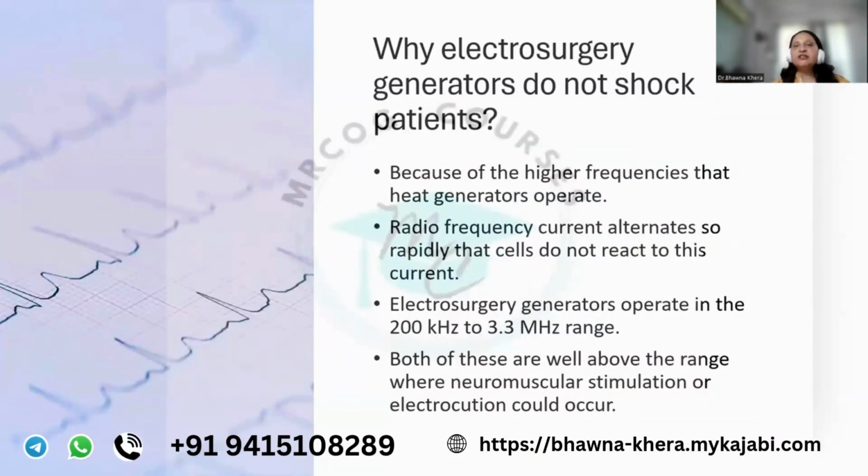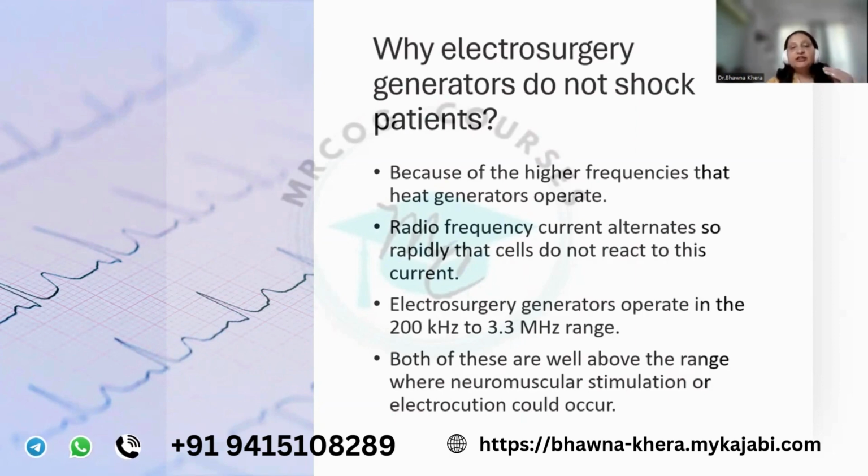Why do electrosurgery generators not shock patients? When electricity passes through our body, we get a shock. So why does electrosurgery not cause a shock to the patients? Because of the higher frequencies at which these generators operate. Radio frequency current alternates so rapidly that the cells do not react to it.